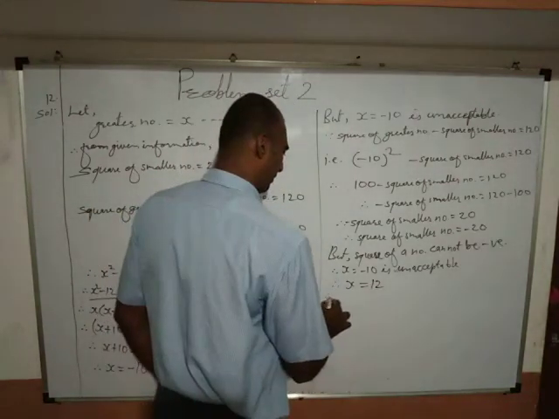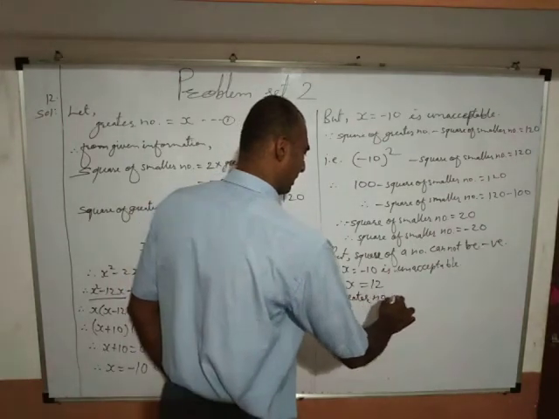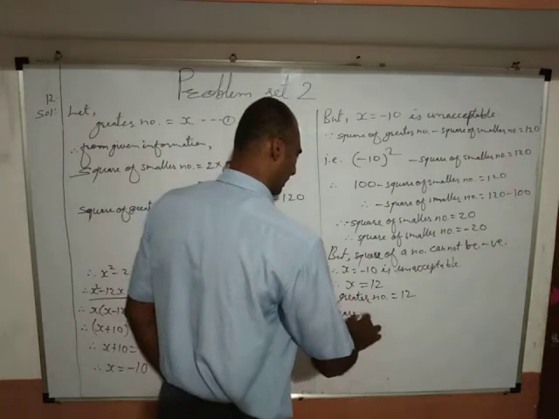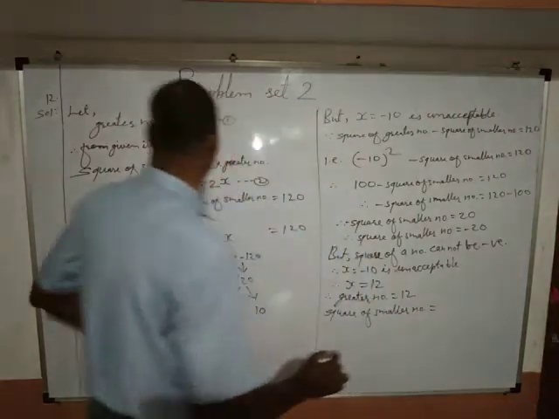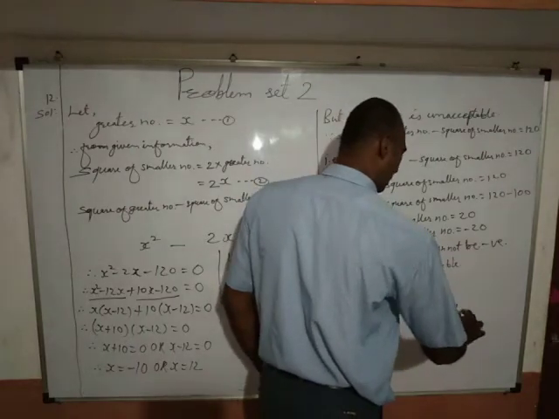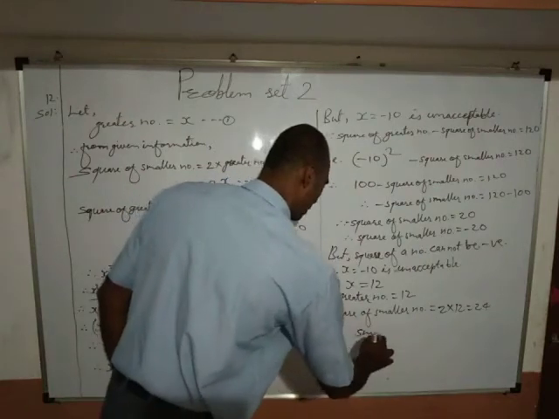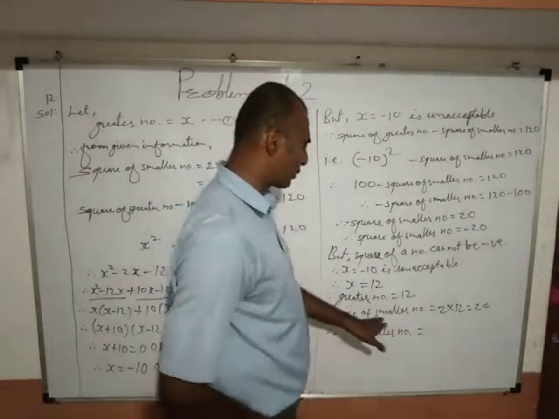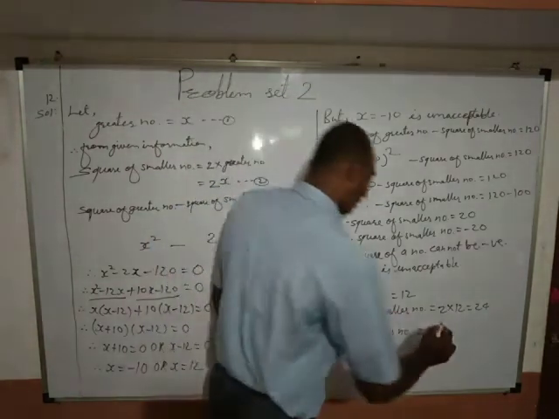Okay, and therefore greater number equals 12, and square of smaller number equals twice of greater number, means 2 into 12 equals 24, and therefore smaller number, as square of smaller number is 24, and therefore smaller number will be root of 24.